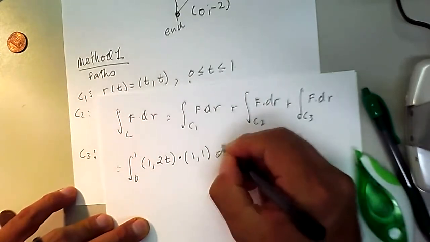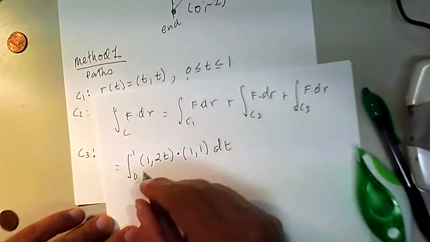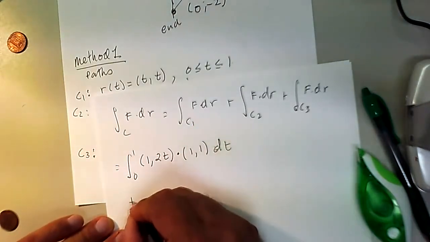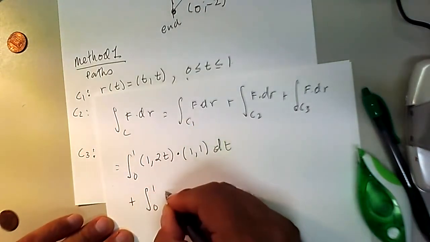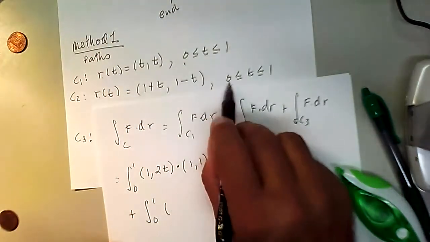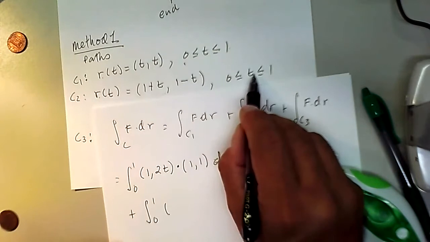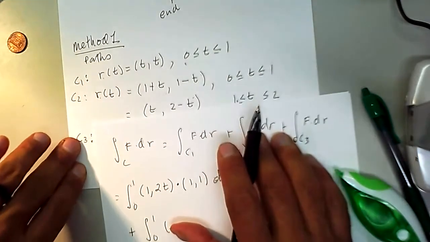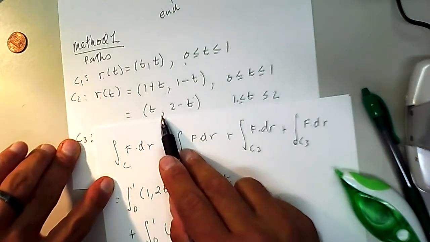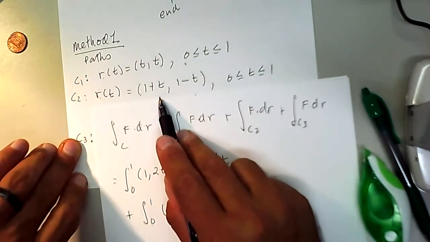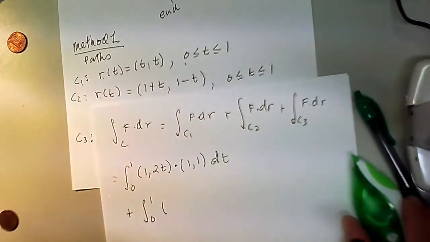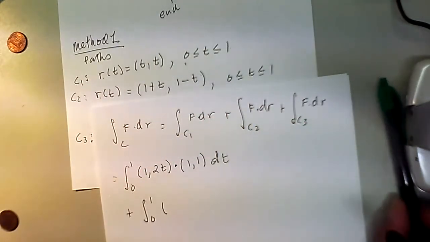Just dt. So that is path 1 plus the integral from 0 to 1. Now, the reason why we're using 0 to 1 is because I'm choosing this particular parameterization. Had we chosen to go from 1 to 2, then we would use this other parameterization instead. But it doesn't matter because we're breaking this up into pieces, and then we can work with each one of them individually.